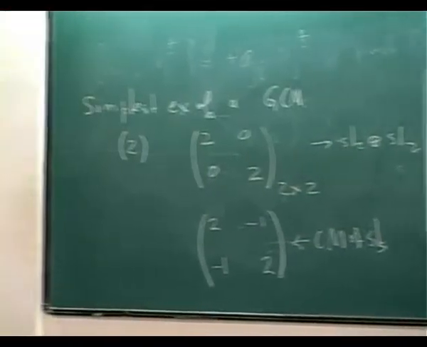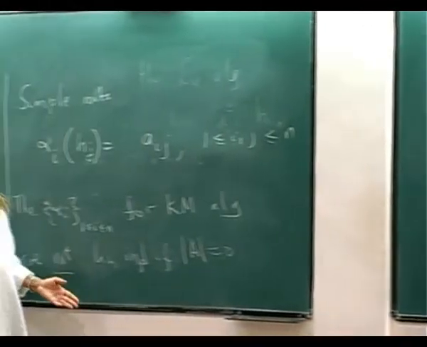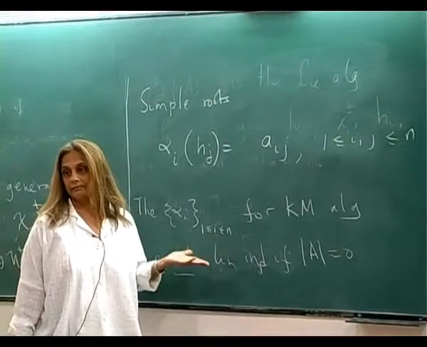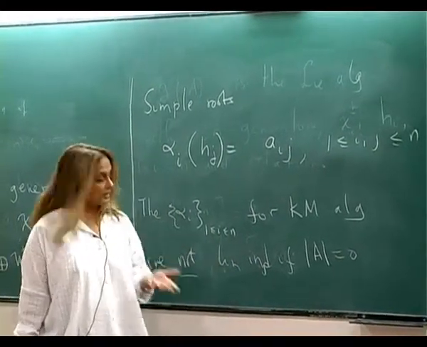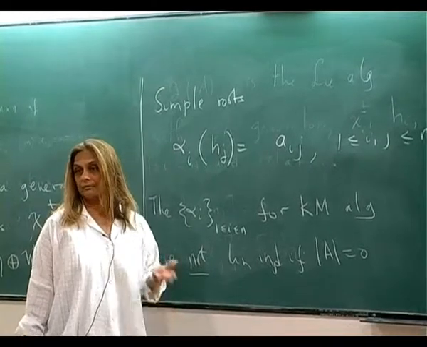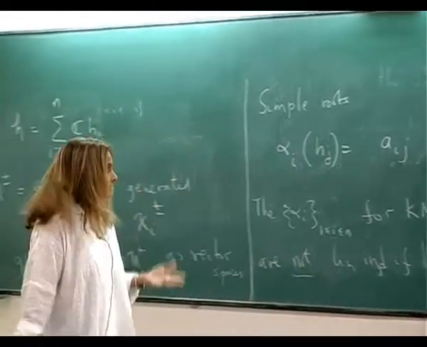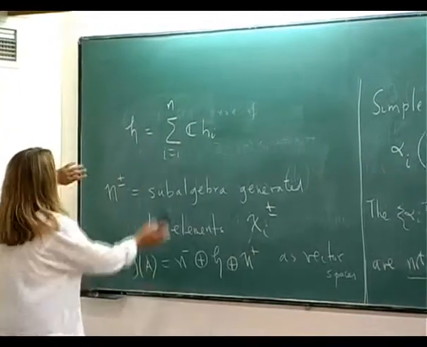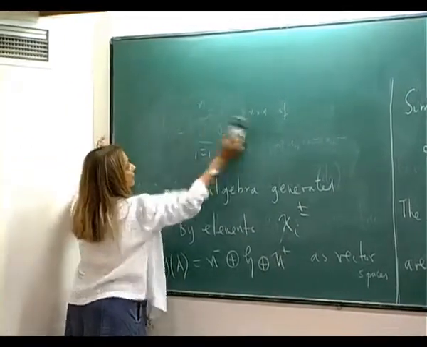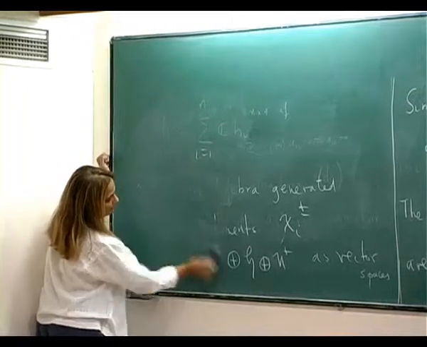But to go back here, one really doesn't like simple roots being not linearly independent, because many of the arguments you see in simple algebras use the fact that simple roots are linearly independent, right? So that's why there's a simple trick to force it to be linearly independent. You just make your Kac-Moody algebra a bit bigger.